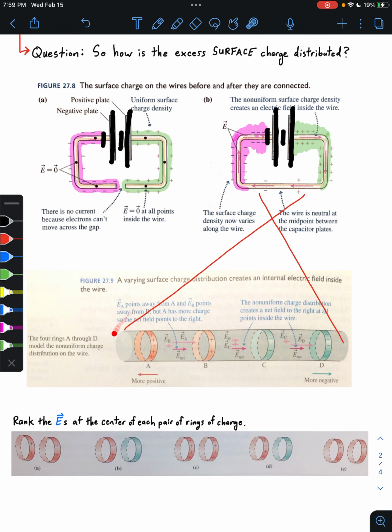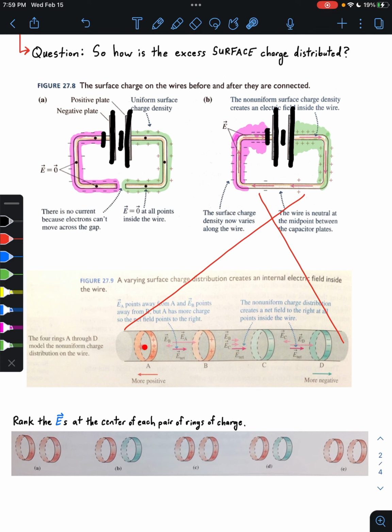And this illustration down below helps explain why this distribution generates the field inside the wire that we want. So let's see. In this picture, we've got field going to the left in this wire. Down here, we've got field going to the right through this wire. So this diagram is sort of flipped opposite of this diagram here.